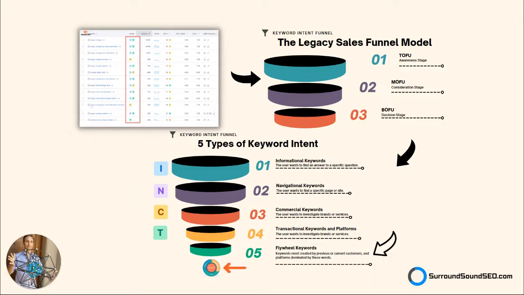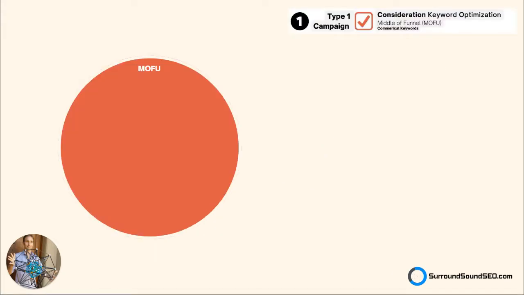Now, one thing I do want to say is that we've added a new type of keyword at the bottom of the funnel called the flywheel keyword, which is basically a transactional keyword as laid out by SEMrush. But we simply set aside any keywords that have the word review or reviews associated with it. Here's another way to look at it. We start with the middle of the funnel because that is the consideration stage, and the commercial keywords are involved.